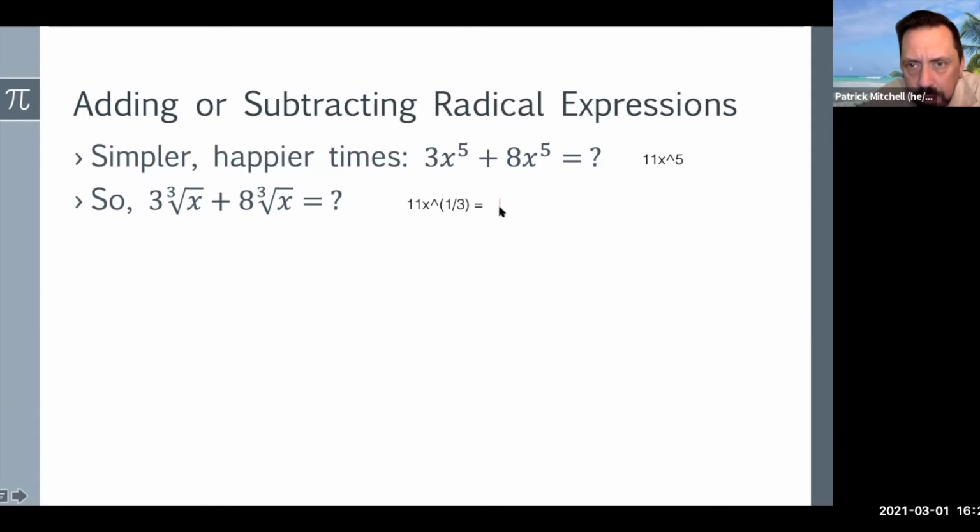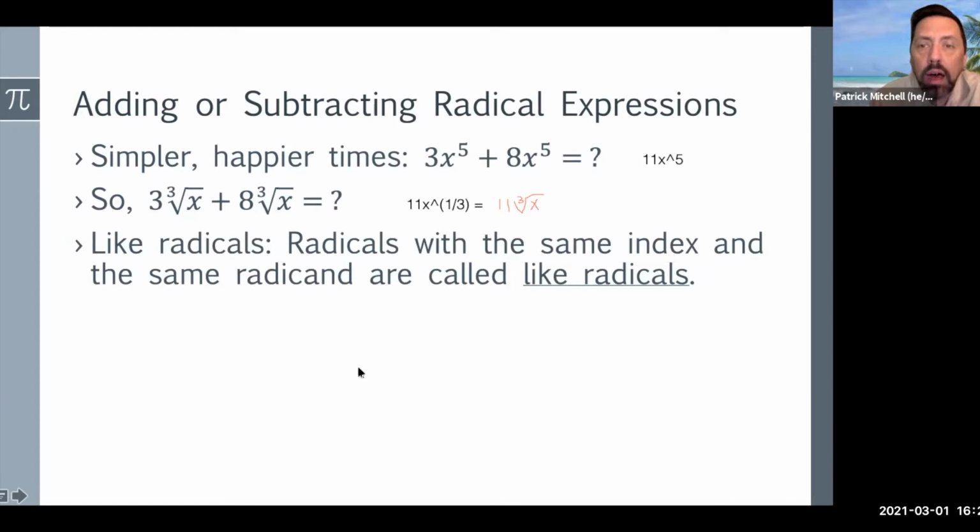That is the same thing as 11 times the cube root of x. So when you go to add and subtract radicals, as long as those radicals are exactly the same, it's just adding and subtracting the numbers in front of the radicals.